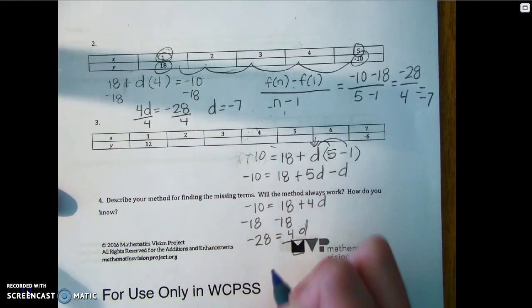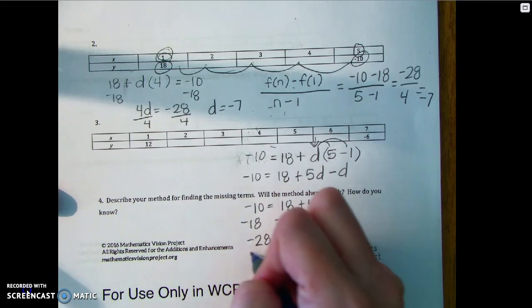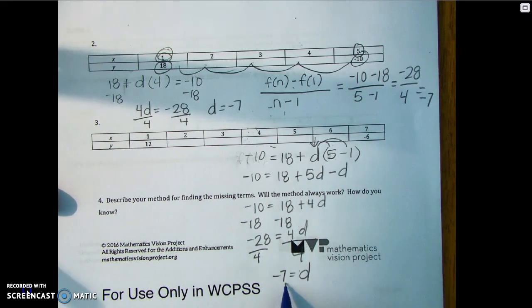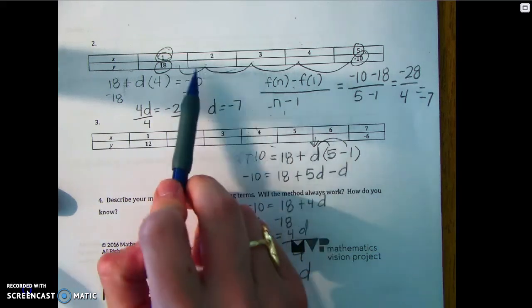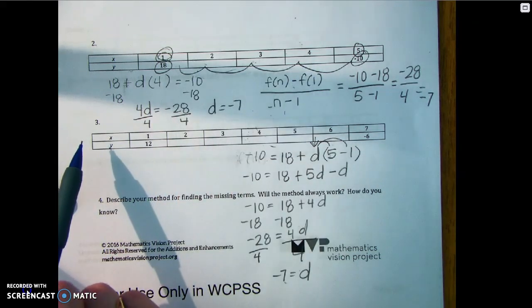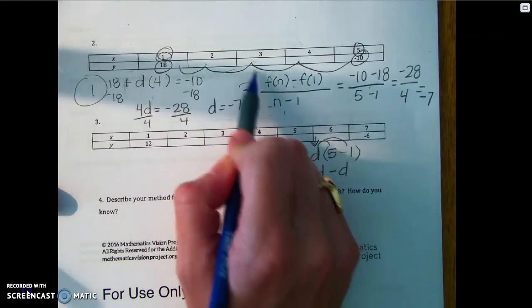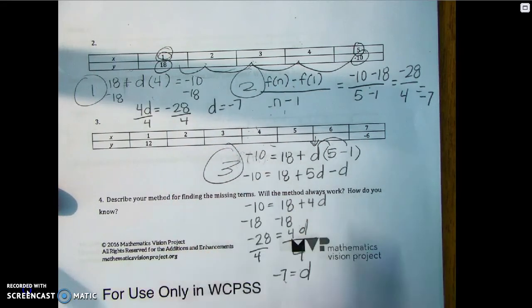Divide by 4, divide by 4. Negative 7 equals d. And then you can use that common difference to figure out the missing terms in the table. So choose which of these three methods makes most sense to you, and that's what you'll use to find the missing terms in the sequence.